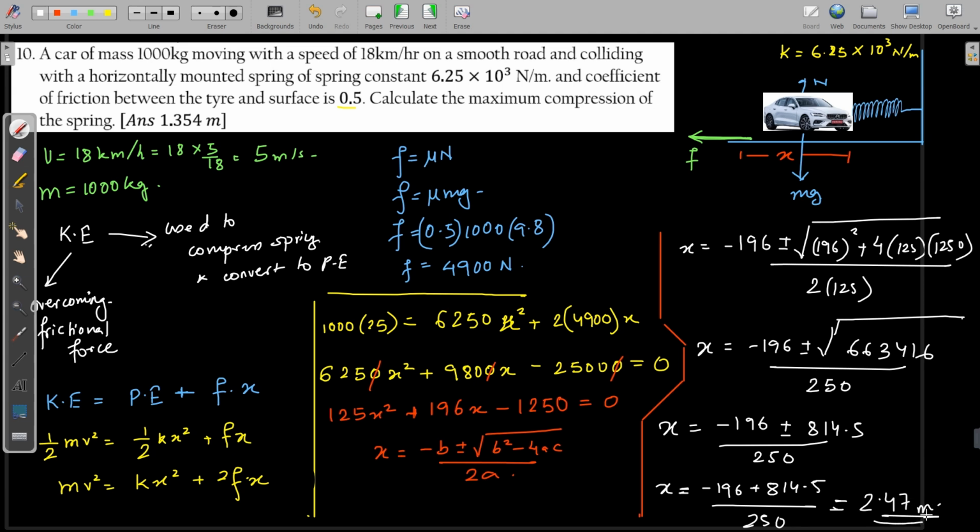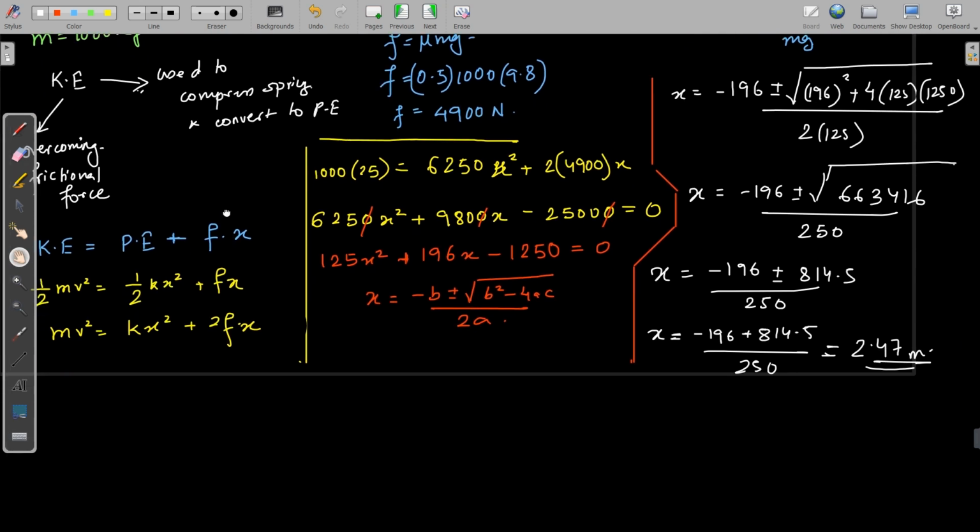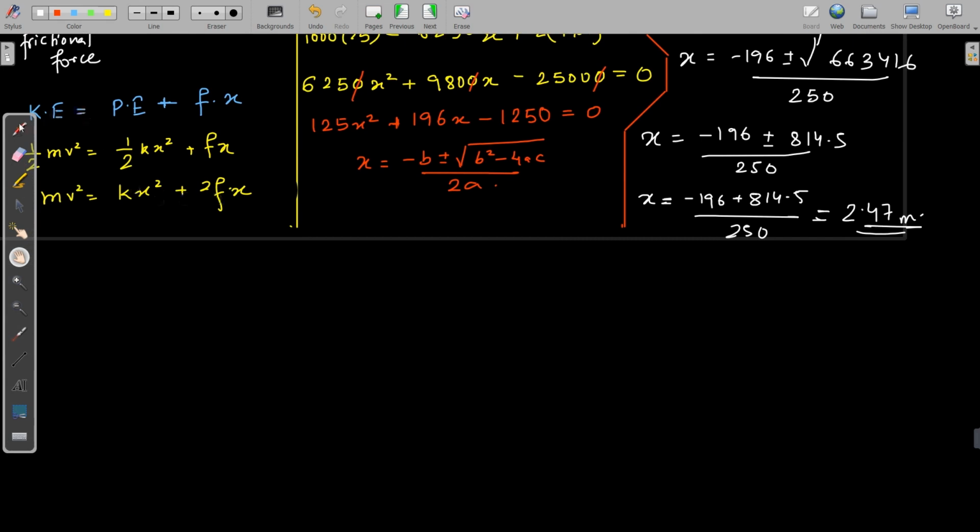As far as I consider, I think the value of g should be taken as 10 meter per second squared. Then this question would have been a bit easier. Since it is not taken as 10, this value is coming. I think the intended answer takes g as 10. Let me just clarify once.